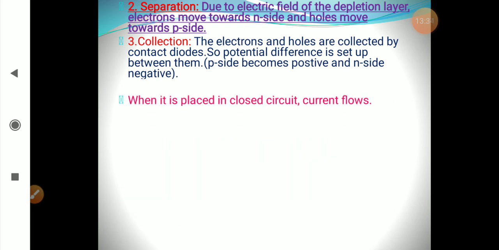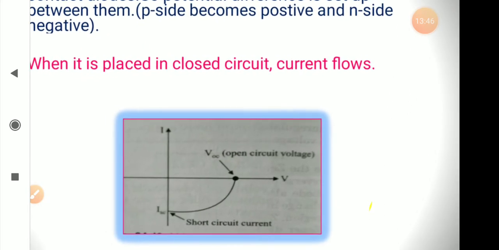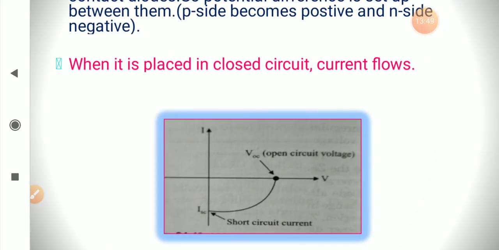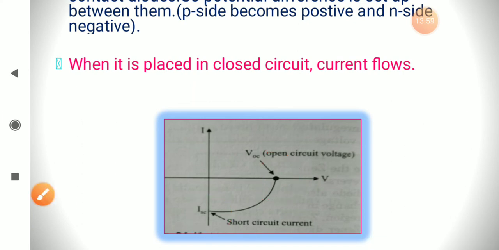Now, when this cell is placed in a closed circuit, current flows from the positive terminal to the negative terminal and it behaves like a cell. Now, here are the IV characteristics. When the circuit is open, you can see the potential difference here. In a closed circuit, you can see the current in the circuit.